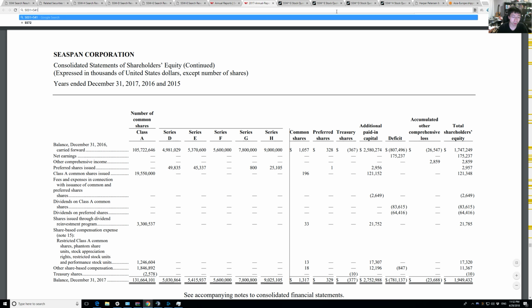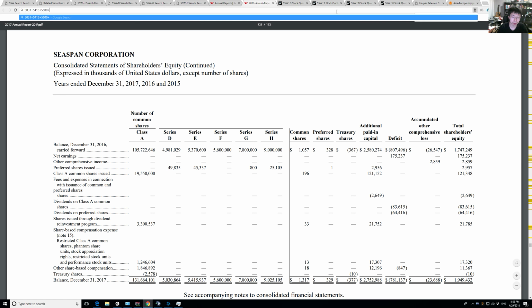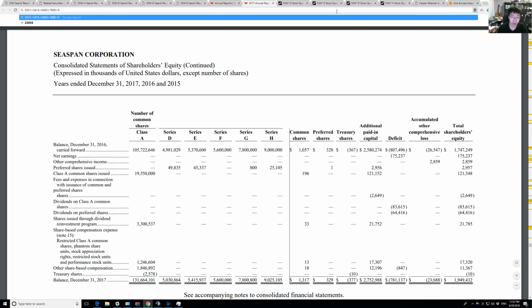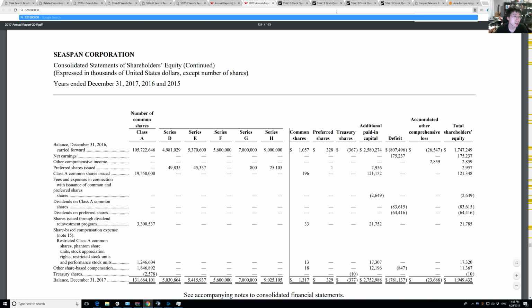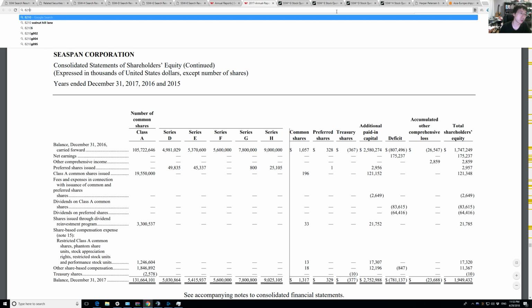Plus 5416 plus 5600 plus 7800 plus 9025. Okay, so that's the number of preferred shares. All these are 25 par. So essentially they have $822 million in preferred share equity.